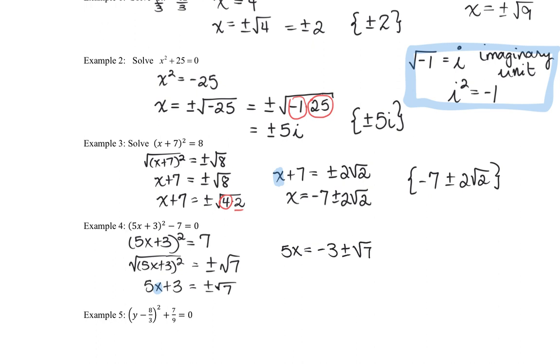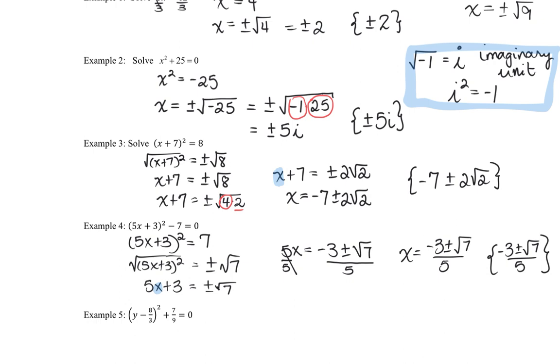And then we need to divide everything by 5, right? So we're going to put a big division bar. We're going to get that x is equal to negative 3 plus or minus the square root of 7 all over 5. And so that would be my solution set. Okay, so just one extra step with that one, right?